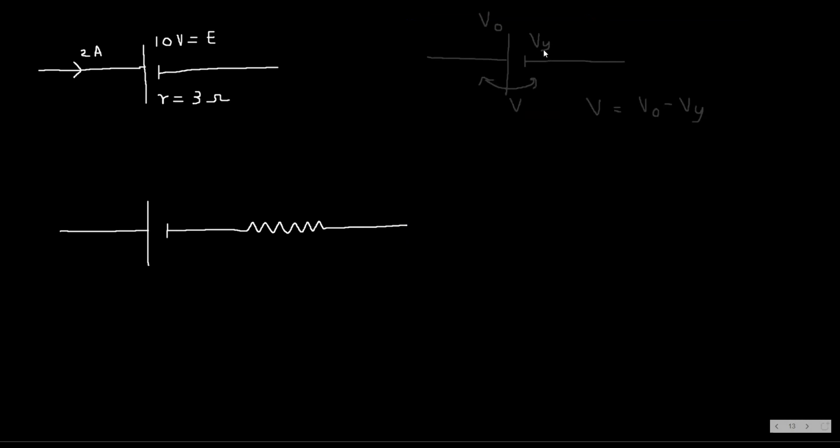Now I'm taking out the 3 ohm resistor of this cell. Now the 3 ohm resistor is taken out. This one has 10 volts and this one is 3 ohms. 2 ampere current is passing from here to there. Up to this point, is it clear or not? Clear, sir.